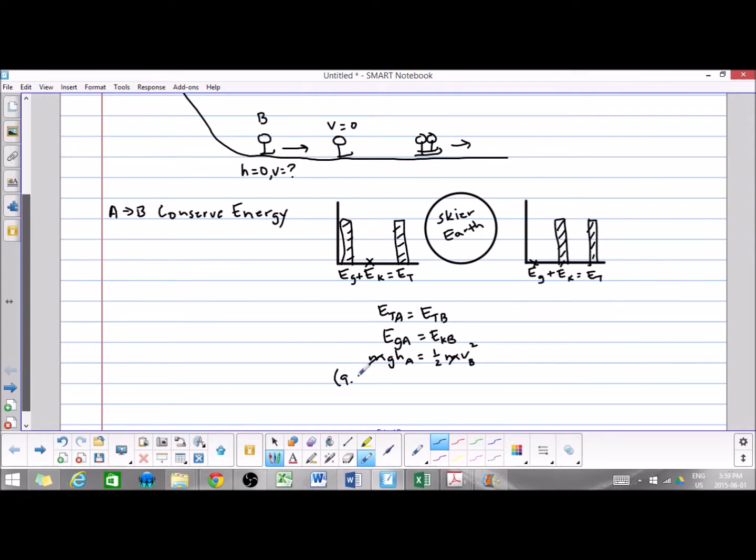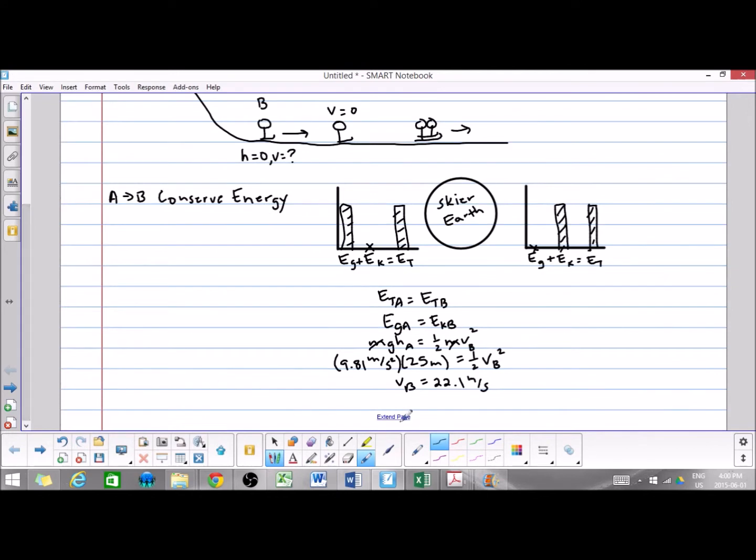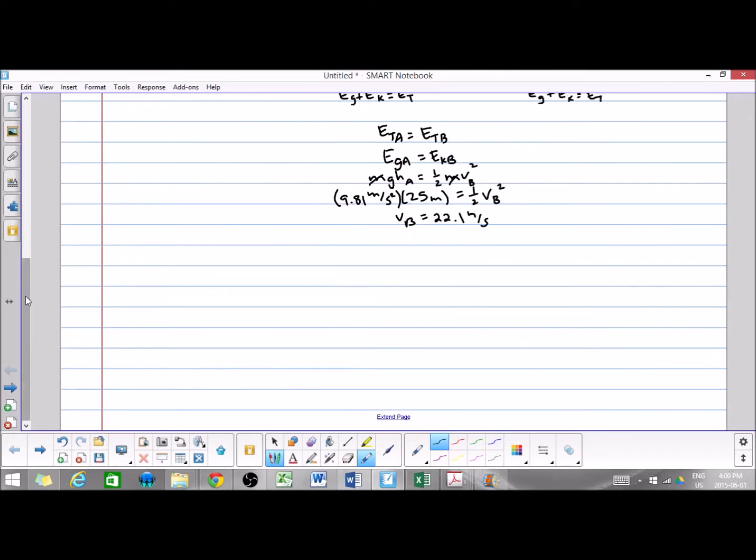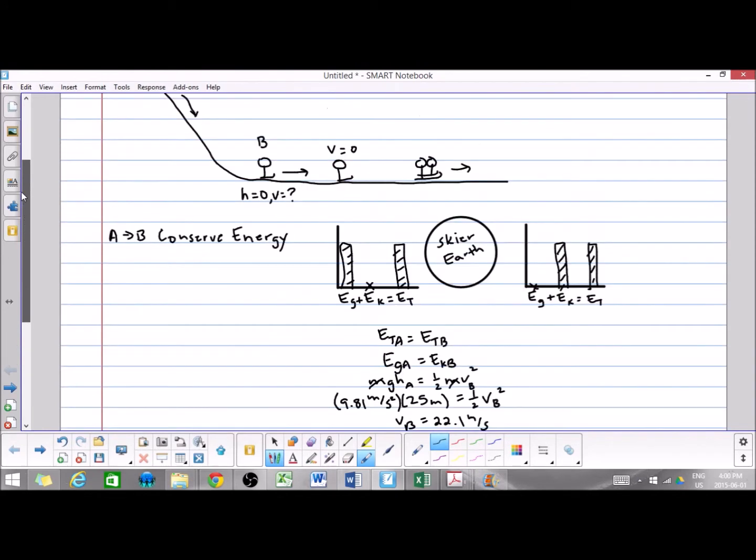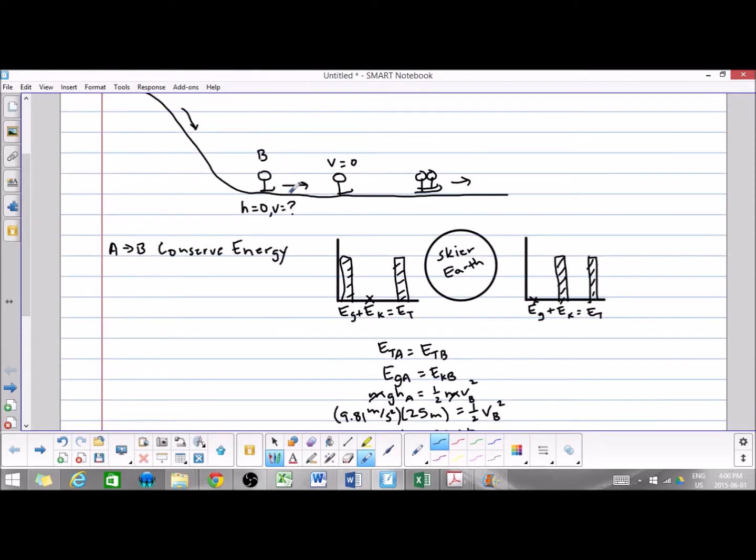Our m's cancel and we can solve for the speed. That's 22.1 meters per second. I'm keeping the extra significant digit because I'm going to use that again. Okay. So now we know how fast he's going down here.